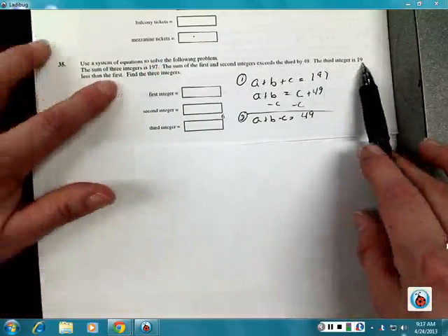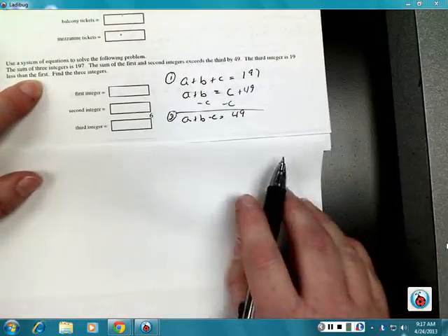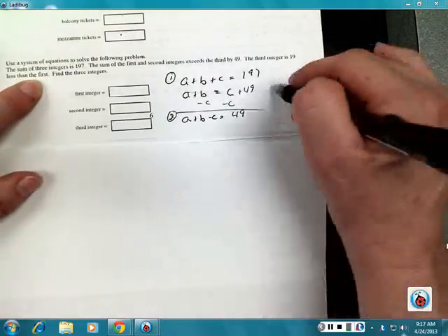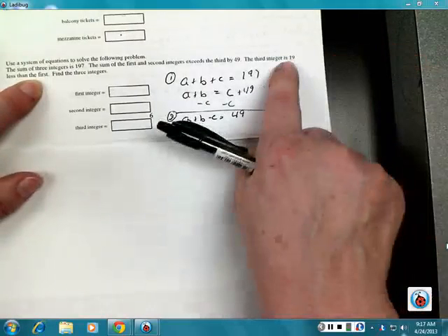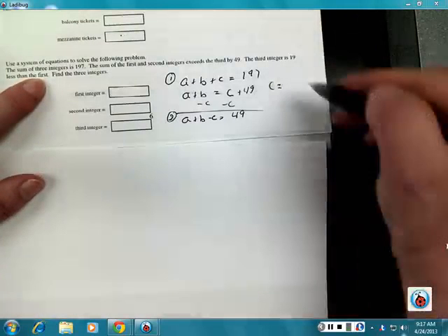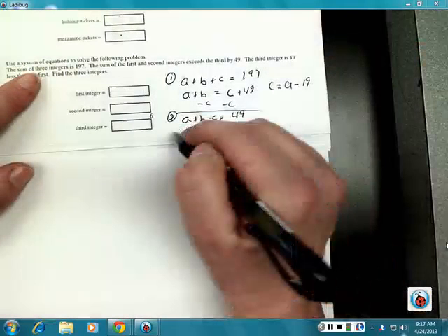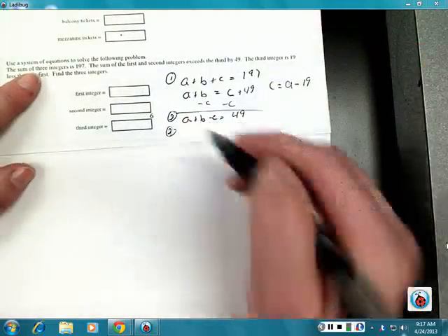And the third equation is the third integer is 19 less than the first. So what does that mean? The third integer, which is which letter? C, is 19 less than the first. So what does that mean? A minus 19. Yep.